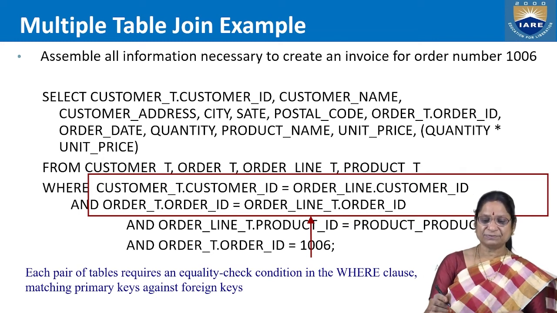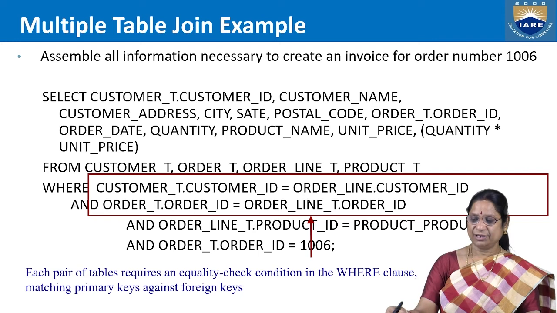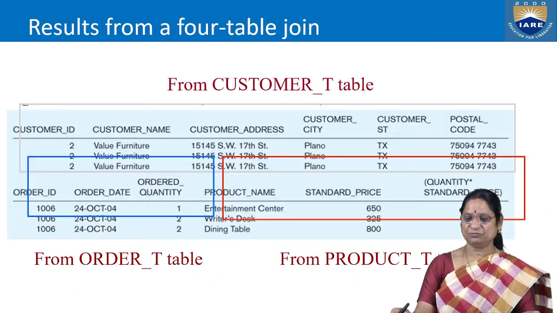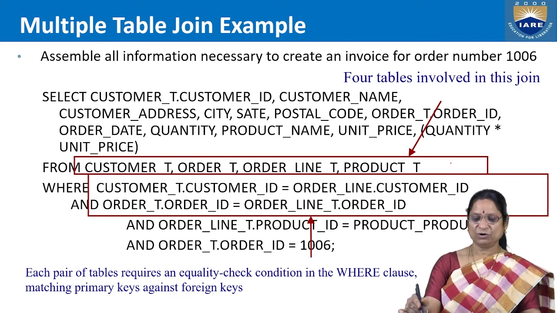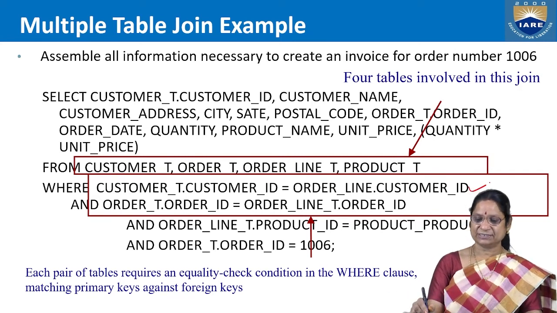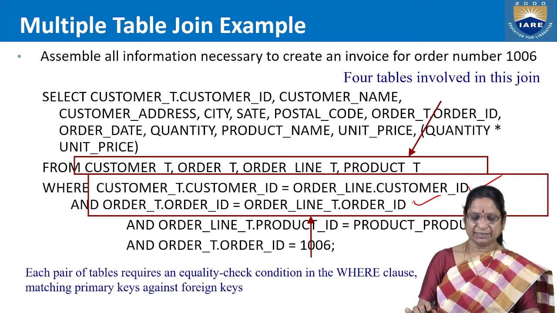So here you observe, we are using multiple tables. Four tables are involved in this join. Now you observe how many join conditions. First condition, customer ID is equal to order customer ID, and order ID is equal to line order ID, and this condition.